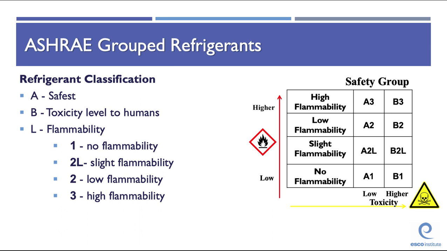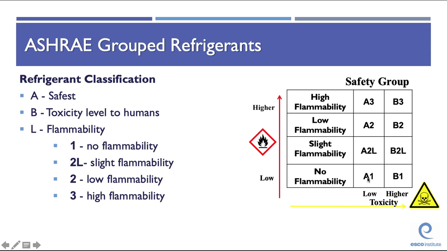So we've talked about some of the ASHRAE codes so far, but ASHRAE grouped refrigerants by class and flammability into a safety group. So for refrigerant classification, the A is the safest, B is extremely toxic to humans, so we have a choice of A or B. Then we have either no flammability, low flammability, or high flammability.